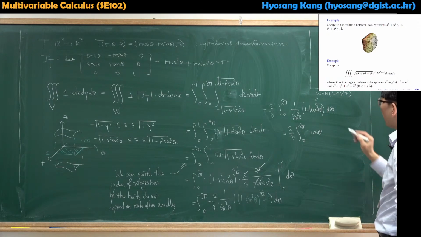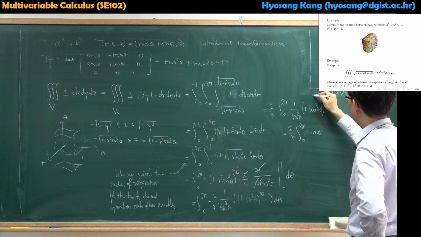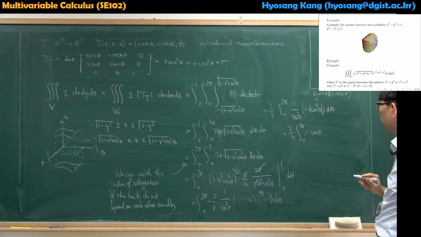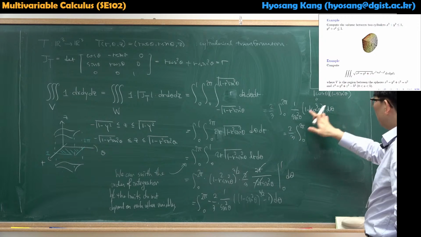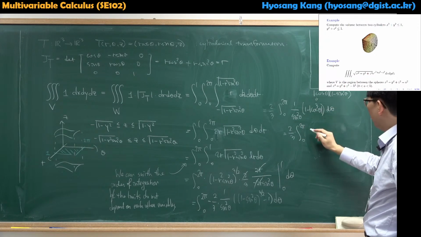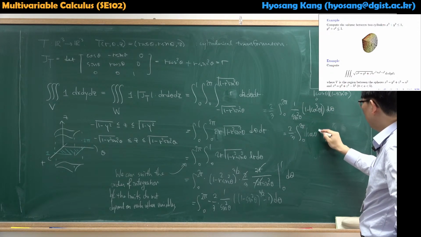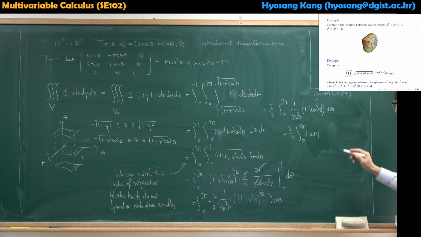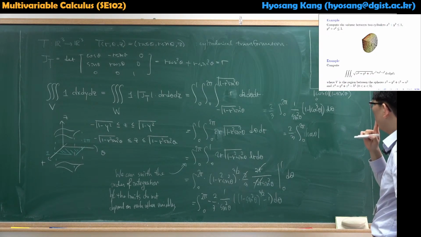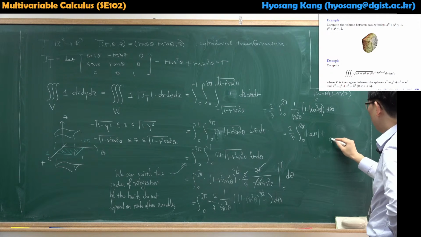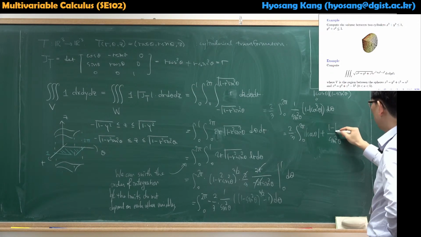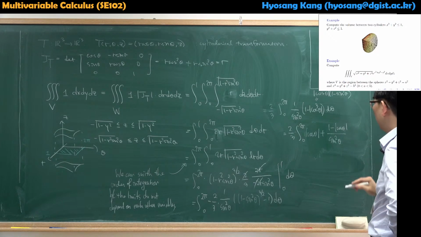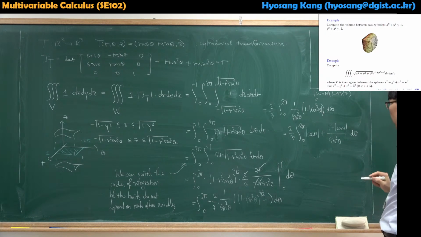Okay, so here I need the absolute value. So by canceling sine square and sine square, what I have is the absolute value of cosine theta, and then plus sine square and 1 minus cosine theta, d theta. Okay.